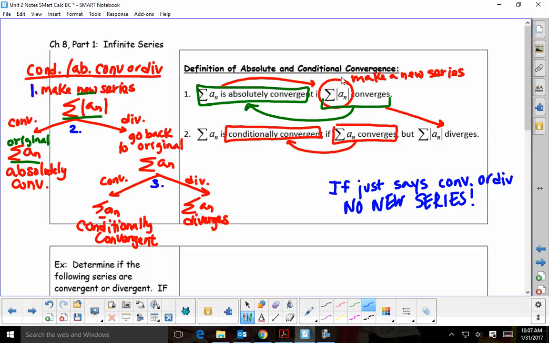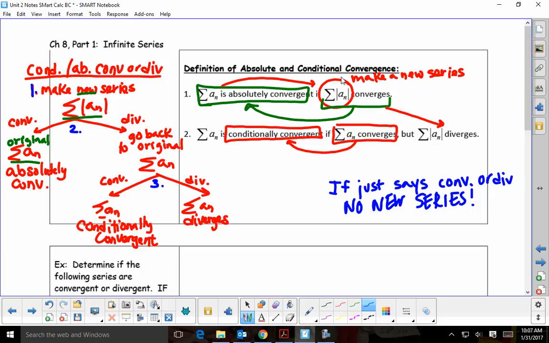But if it asks for absolute or conditional, is the new series just the absolute value of the other one? Yes. We take the absolute value. So it's no longer with the limit or the direct or anything like that. It's always the absolute value. Good question.